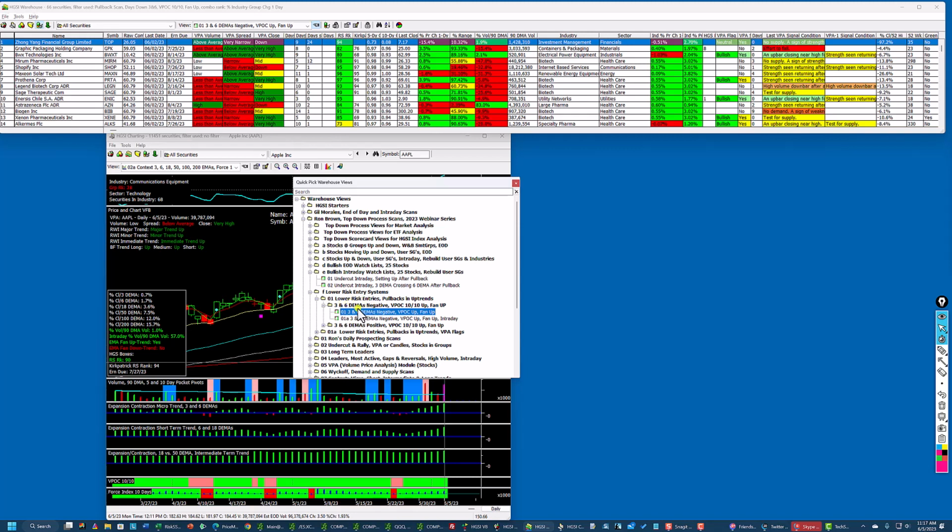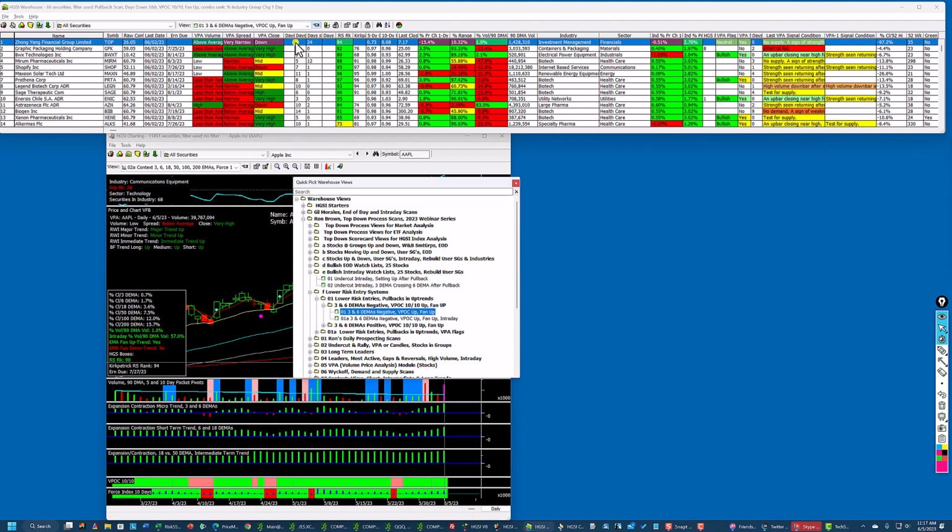And this is a 3 and 6 day moving averages are negative. The VPOC 1010 is positive. So what I'm looking for here, if you look at this column right here, you can see that the days since the volume point of control turned positive is in this column, and the 3 and 6 negative are populating this column right here.